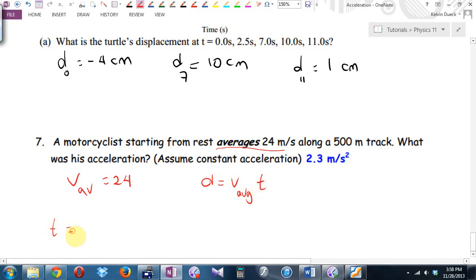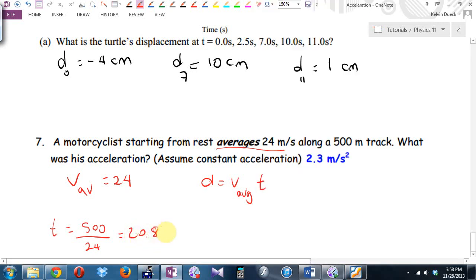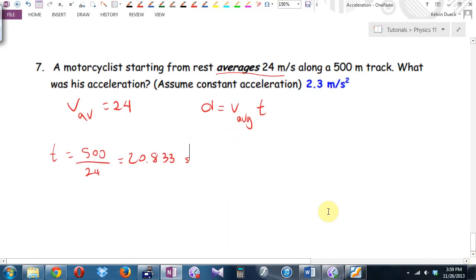I don't know where I'm going, but I can certainly go, time is going to be 500 divided by 24, distance divided by V average. I'm getting a time of 20.83. How's that help? Well, I got a time.